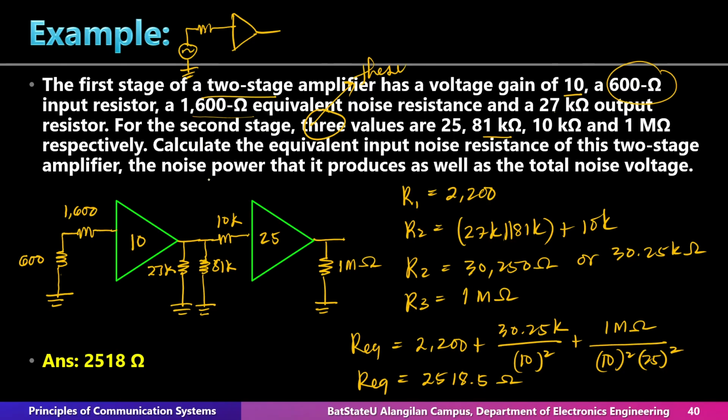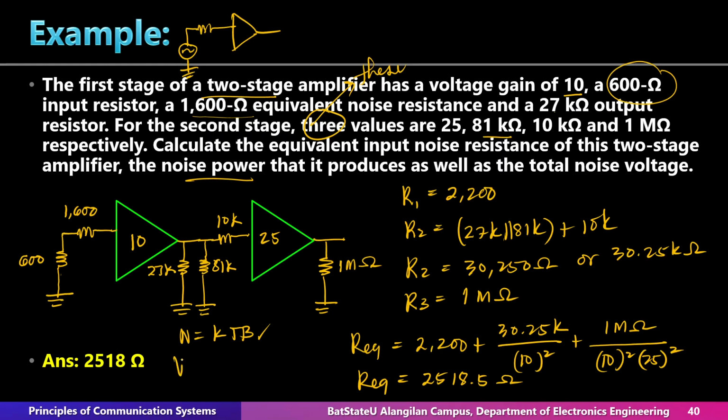Now, we are asked to find the noise power. That's easy. Remember that N equals KTB. But we were not given a bandwidth. If there is a given bandwidth, we can compute the noise power, which is independent of what we have computed.